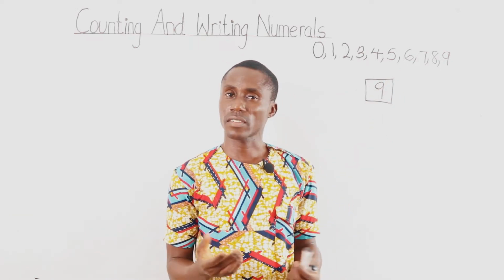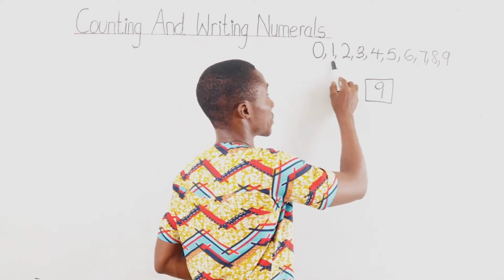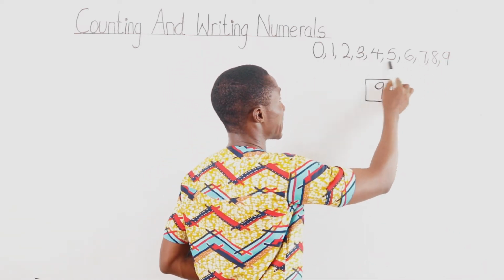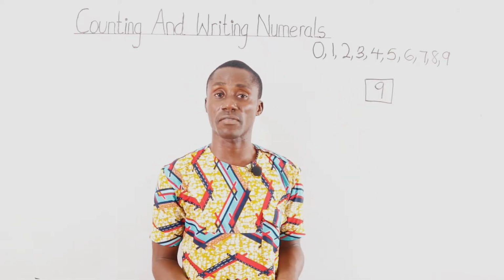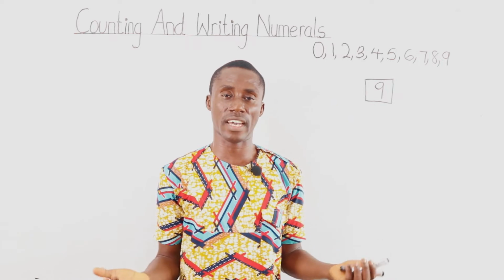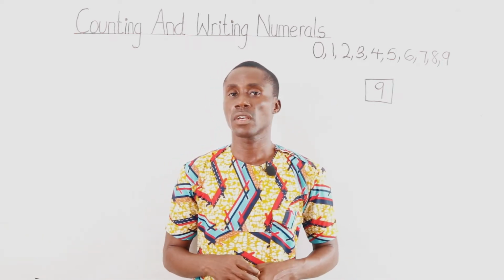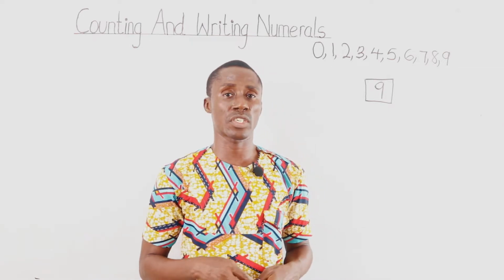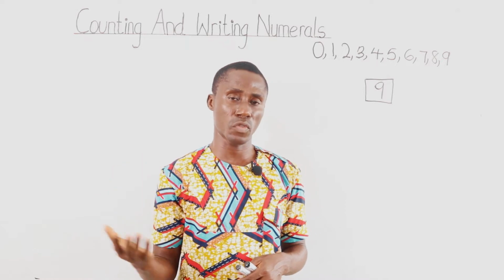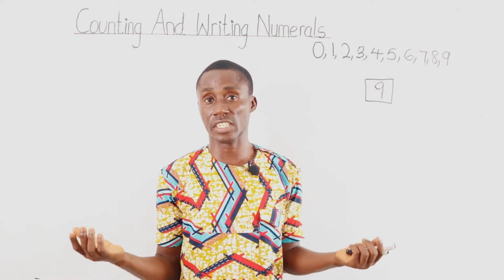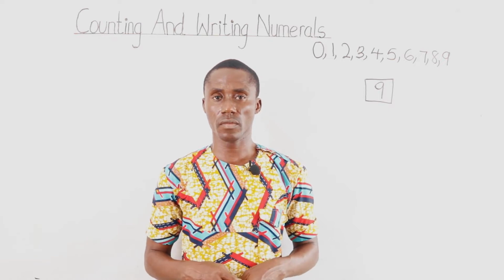Well, something is happening here. We have finished using all the digits that we have, but we still have so many oranges to count. We can count 10 oranges, we can count 11 oranges, 12 oranges, and so on and so forth until we finish counting all the oranges that we have.